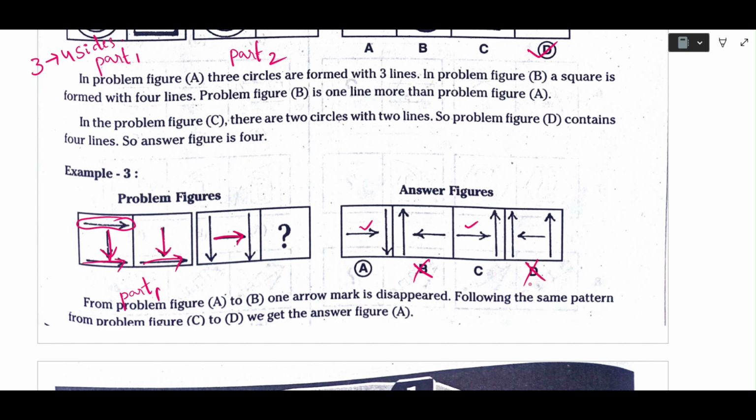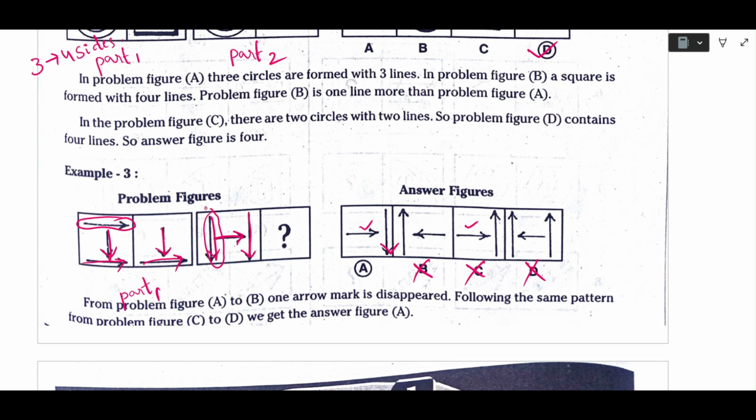So we will be eliminating B and D. Later, we have to see these arrows should also be in the same direction and one arrow should be erased, right? In A, the direction of the arrow is same, but in C the direction of the arrow is not same. So we will be eliminating C and one of the arrows got erased, right?